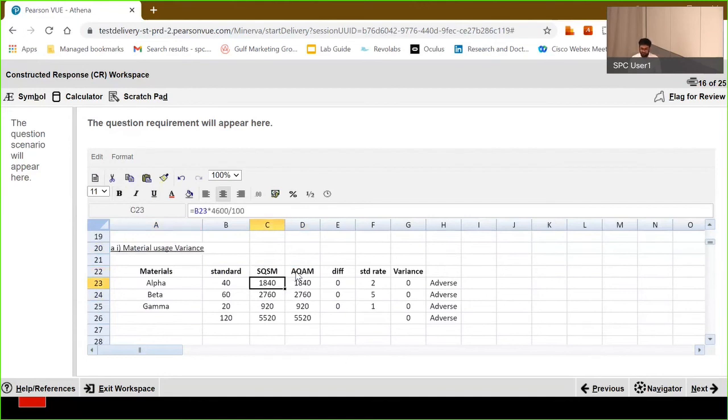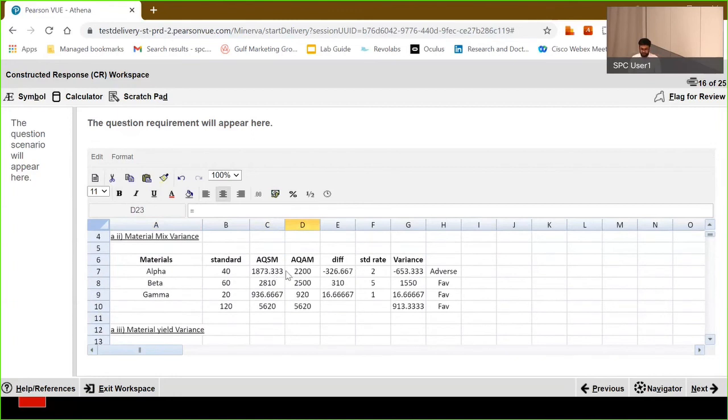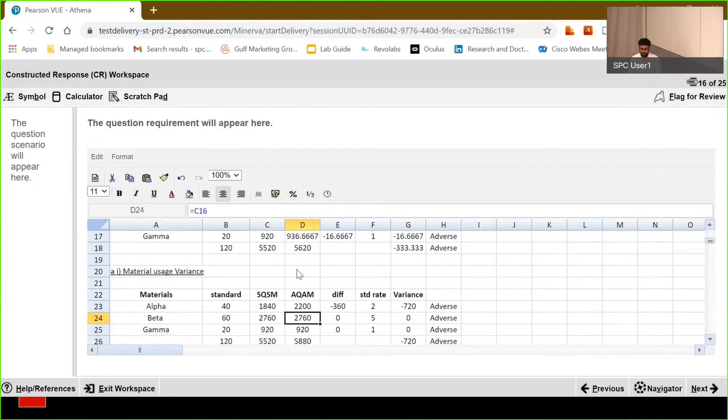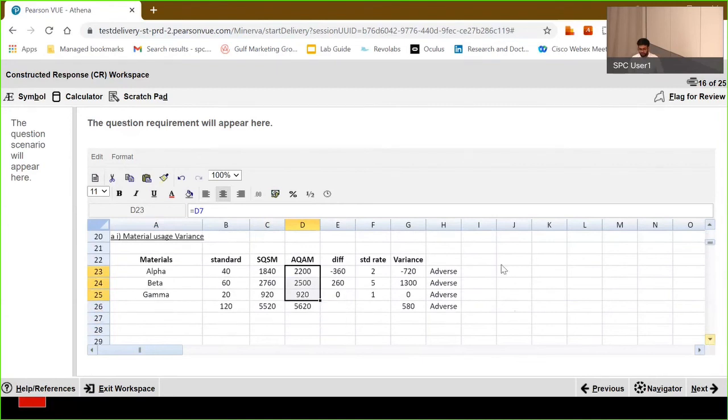And both of these figures we already calculated. Standard quantity in standard mix, we have it. Just take the actual quantity in actual mix from the mix variance. And you just need to copy these cells. Automatically, you will get the answer. And you can see this is adverse, this is favorable, this is 0, neither favorable nor adverse, and this will also be favorable.